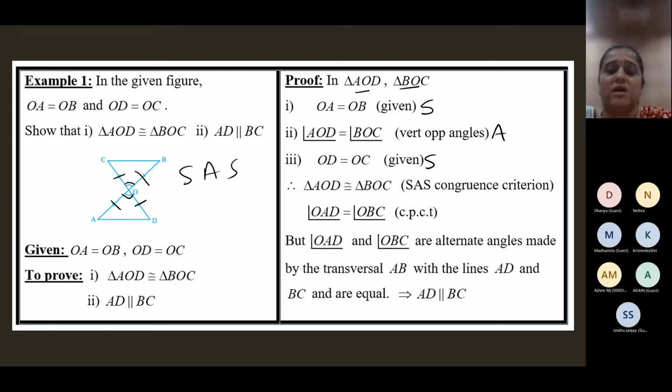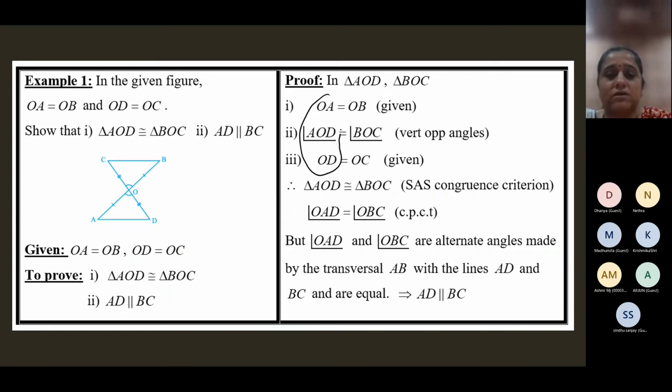So see here, I've written, now how do you write? All the information to the left side of the equal to sign is about the first triangle, and all this information is about the second triangle. Always write like that. You have mentioned the two triangles, right?